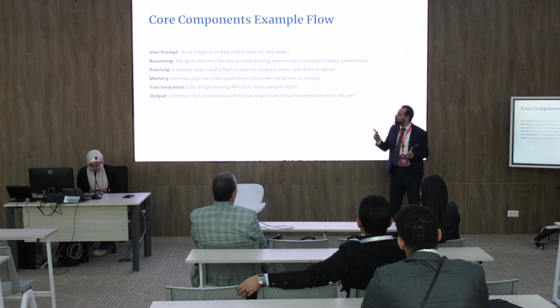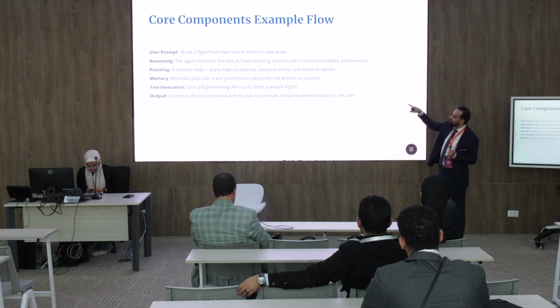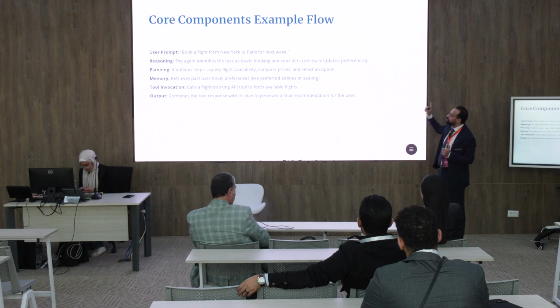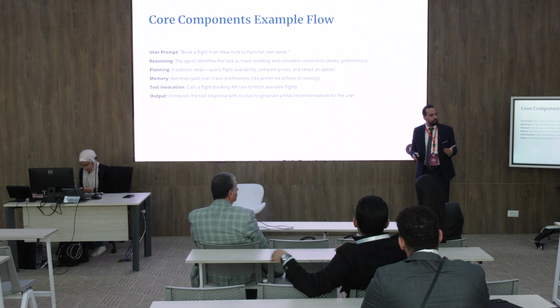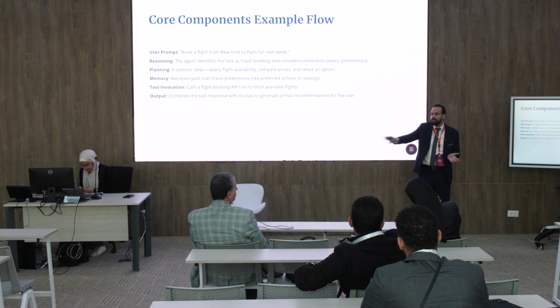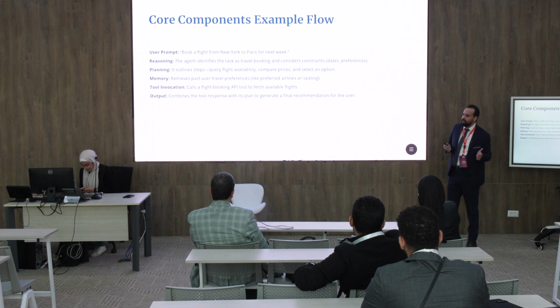So this is the tools. All of these will help achieve the objective, which is to help the user to book a flight from New York to Paris. Maybe the outcome is you have these options. If I select an option, I go ahead and use another tool to actually book the flight. That is an example of AI agent and its core components.